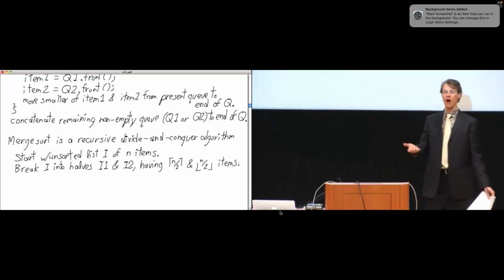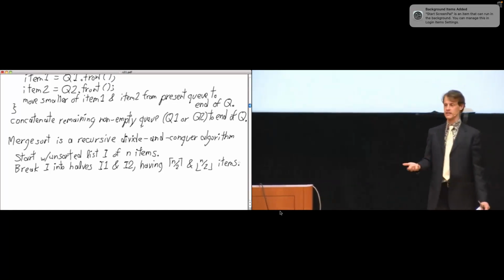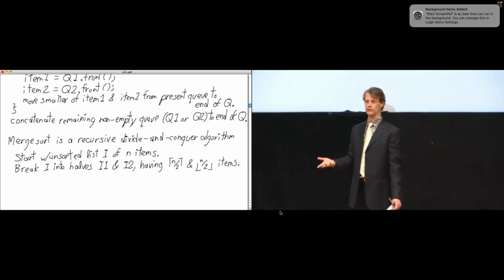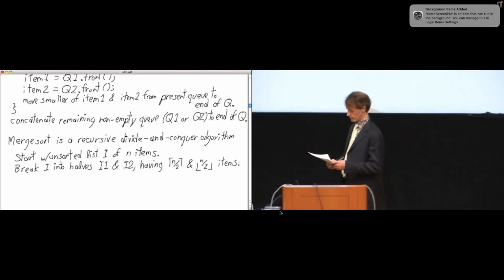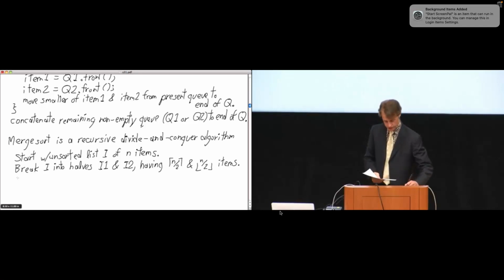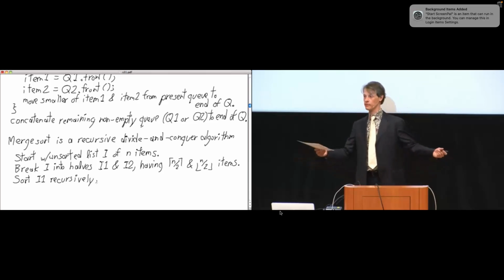So if n is odd, well, obviously you can't divide it into two exactly equal piles, but you get as close as possible. Then we're going to sort I1 recursively with merge sort. Let's just assume that merge sort works.